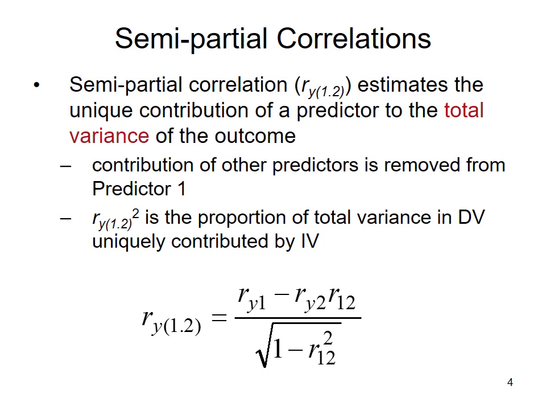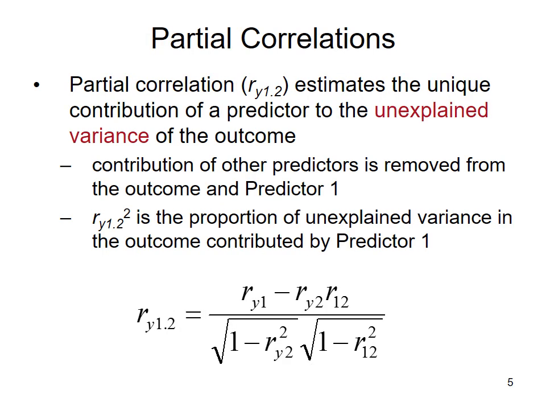How this is often referred to is the R of Y predictor 1.2 squared, the proportionate total variance in the DV uniquely contributed by the predictor. And you can actually get the R squares of each of these proportional variables by going through SPSS readouts if you wanted to calculate this.